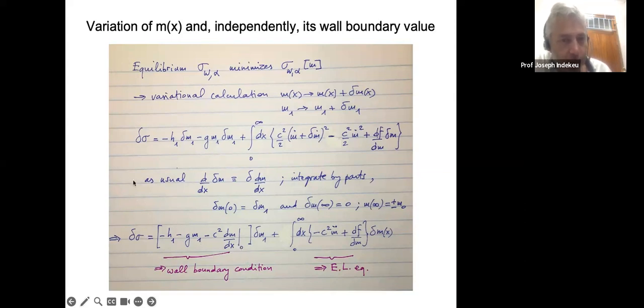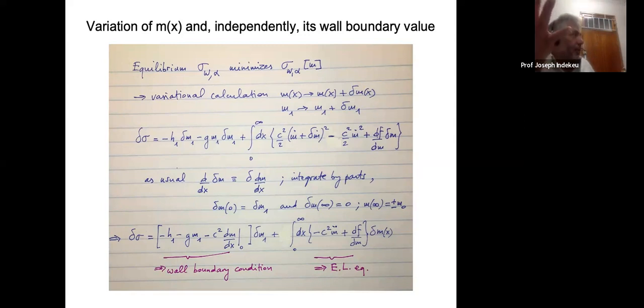So what I said before is that we can postpone this wall boundary condition business and we can keep M1 fixed. Okay? If we keep M1 fixed, then this last line will not have this first term because there is no delta M1. Okay? And so we don't have a wall boundary condition yet. We don't have it yet.